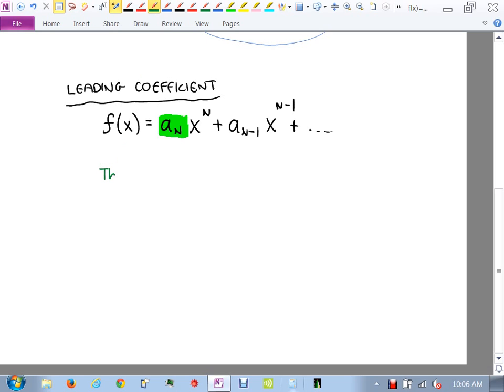Okay, the leading coefficient is the number in front of the highest power of x.